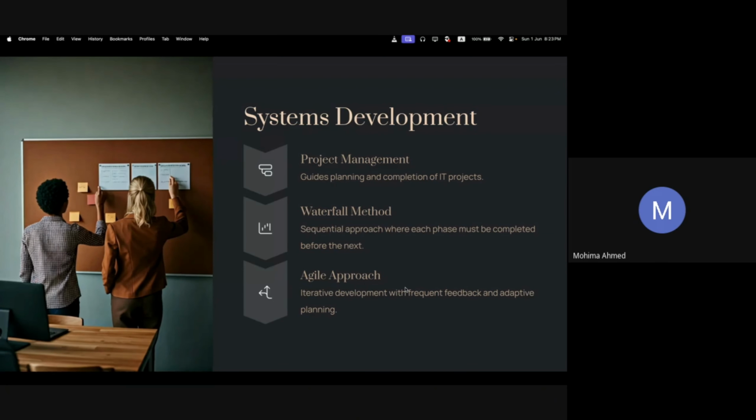If you are not completing the first step, you can't proceed to the next step. These are the rules of the waterfall methodology. We will learn the advantages and disadvantages we get if we follow the waterfall method to develop a certain software. And nowadays, most companies don't follow the waterfall methodology.